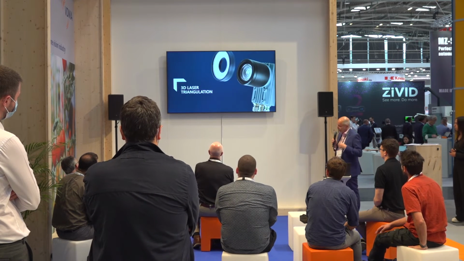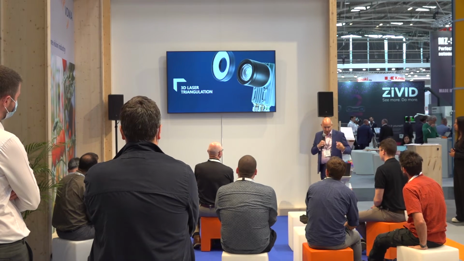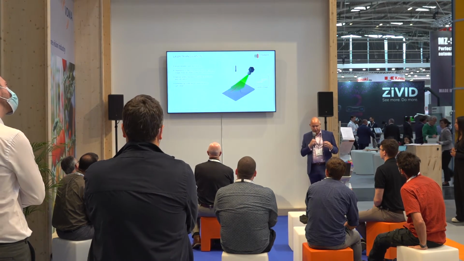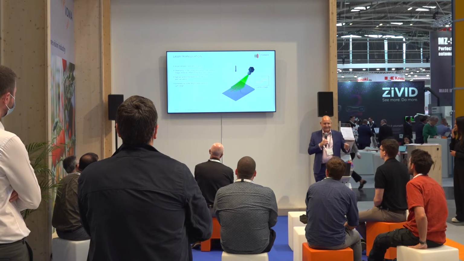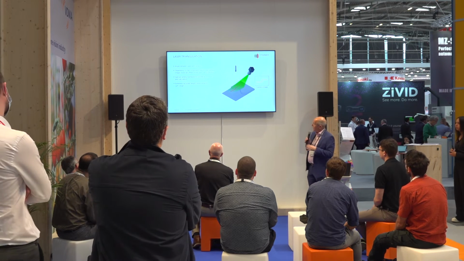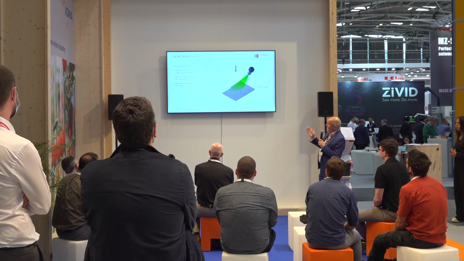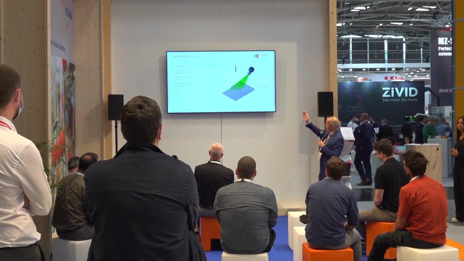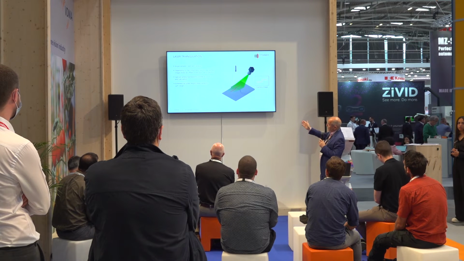So now we move on to another concept of stereo, but this is using 3D laser triangulation. This was probably one of the first 3D technologies that really got stuck in the machine vision world. And what we're looking at is effectively the angle, again, this is using stereo, between a laser line point or a line and a camera.